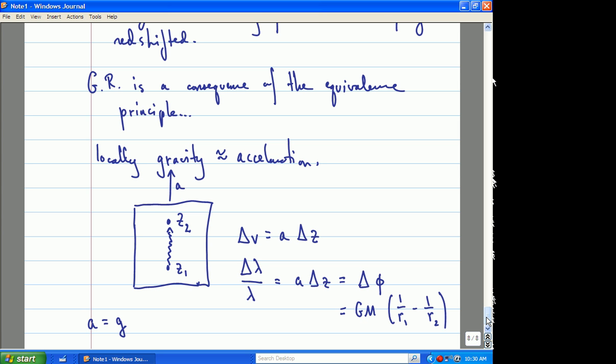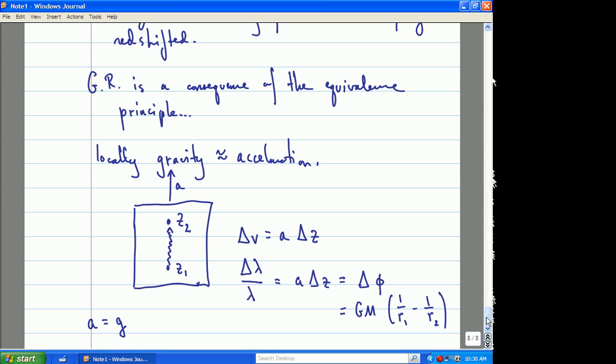Won't the difference in velocities account for the redshift? Absolutely. Remember, the equivalence principle says that the following two situations are physically indistinguishable. One of them is being in an elevator which is being accelerated with constant acceleration.